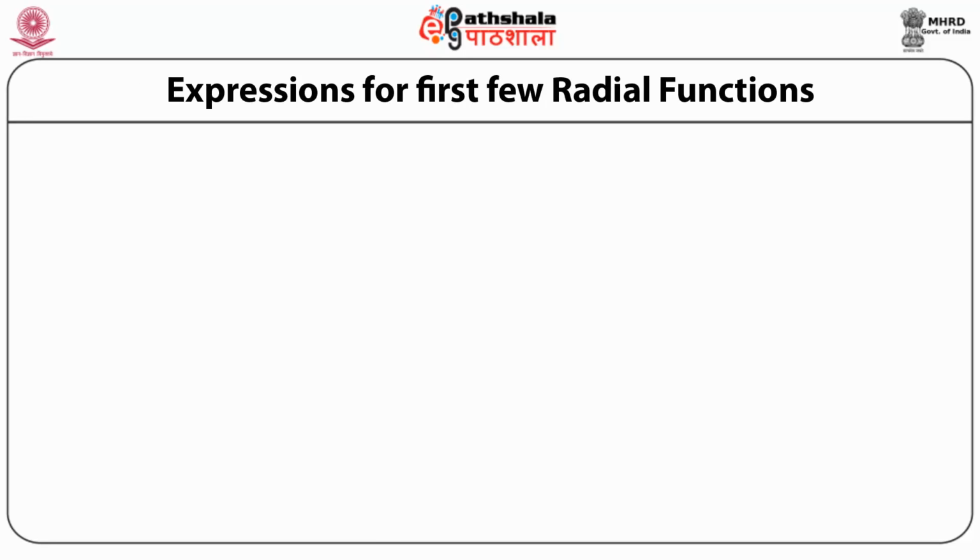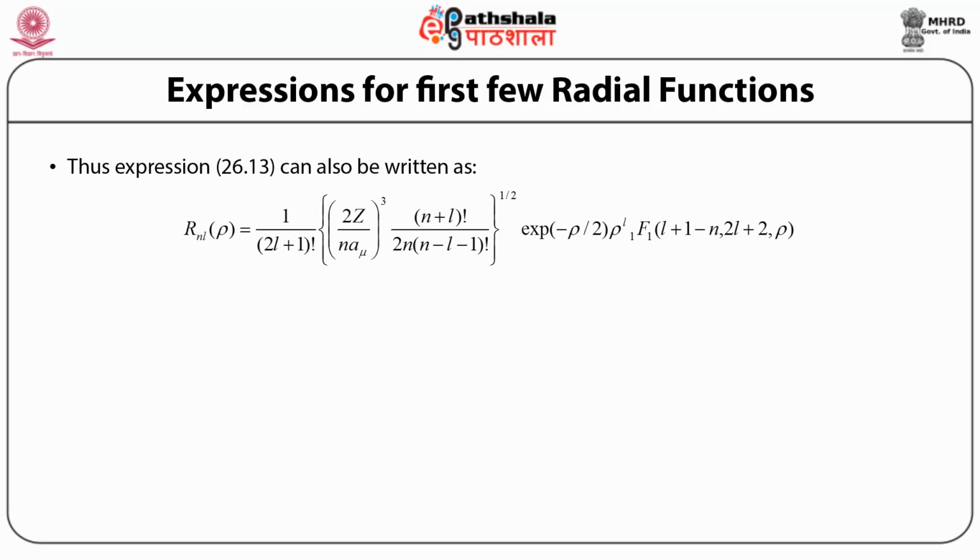Expressions for first few radial functions. Thus, expression 26.13 can also be written as R_nl(rho) equal to 1 by (2l plus 1) factorial multiplied by (2Z by n a_mu)^3 multiplied by (n plus l) factorial divided by 2n multiplied by (n minus l minus 1) factorial, to the power 1 by 2.